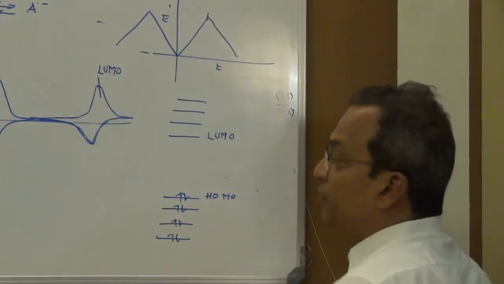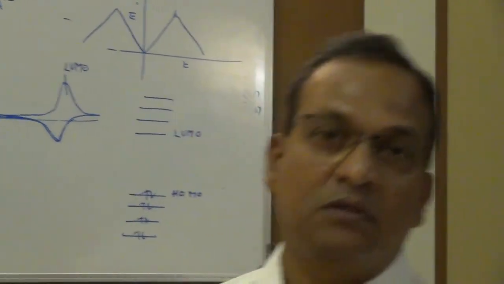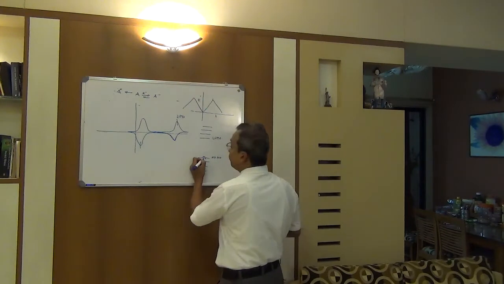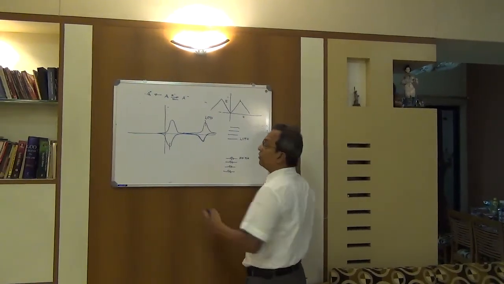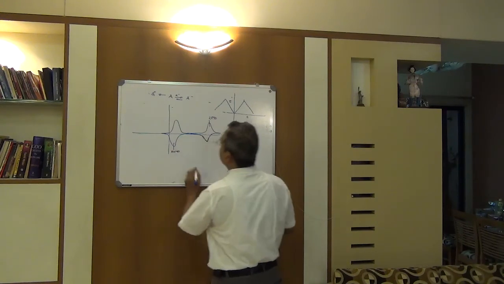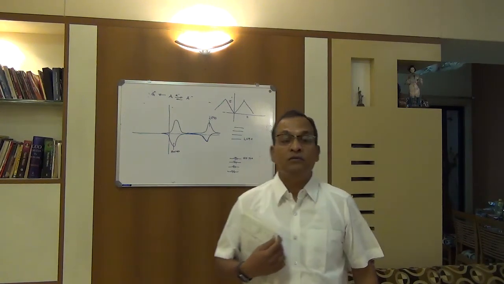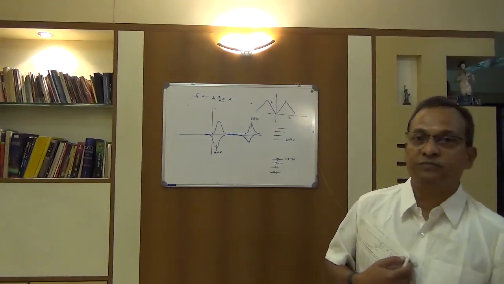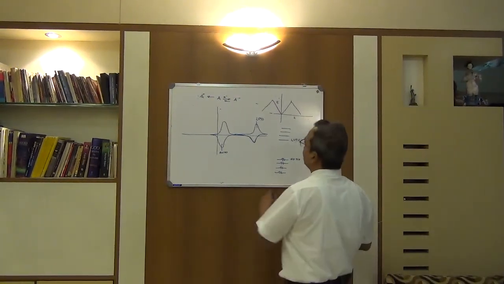In the same way, if you take an electron from the system, where will the electron come from? The electron will come from the HOMO, the highest occupied molecular orbital. Obviously, this anodic peak will tell you the HOMO. So it is a very important application of cyclic voltammetry to mark the HOMO and LUMO states of the aromatic system. In fact, tons of data is available to verify this.